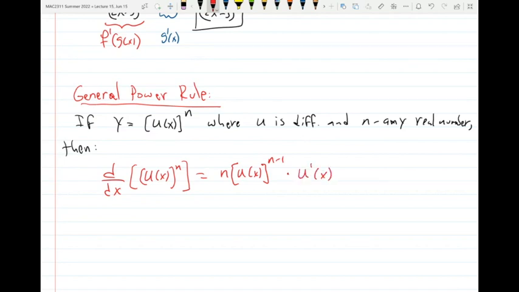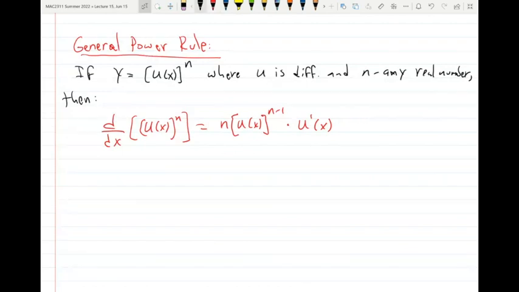Just use the usual power rule, bring the n down, subtract 1, but then times the derivative of the inside because of chain. Shorthand notation without too many x's: the derivative with respect to x of u to the n is n u to the n minus 1 times u prime. Remember this is a function of x.